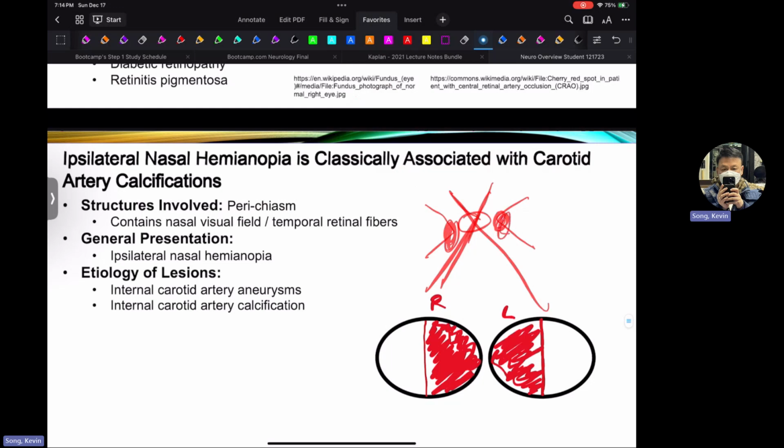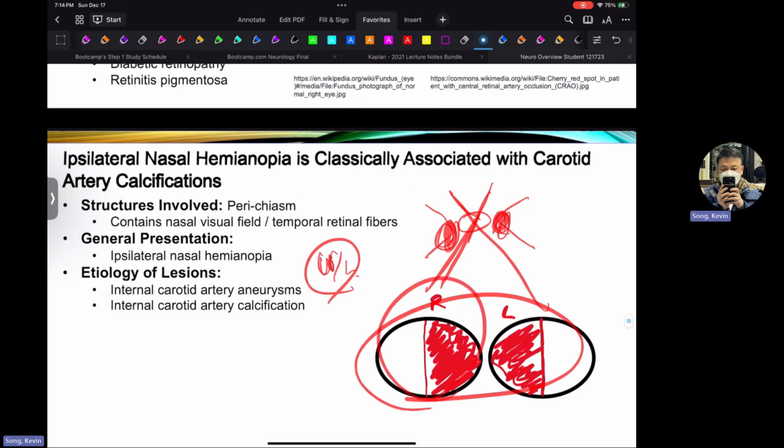Usually it's unilateral. If it's bilateral, both here and here together rarely happens. But if it's unilateral, then it will be like this.